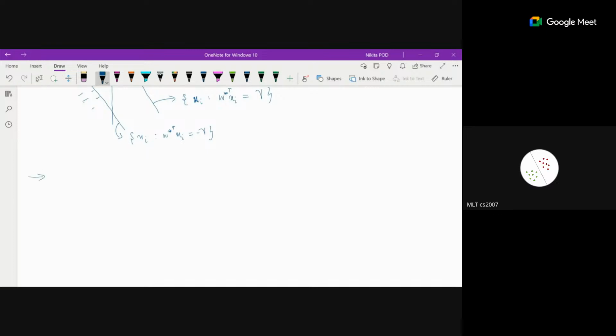Let's say we had some W star that linearly separates our data set with the gamma margin.